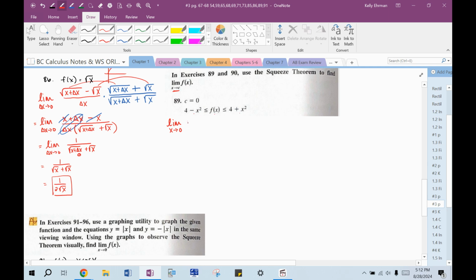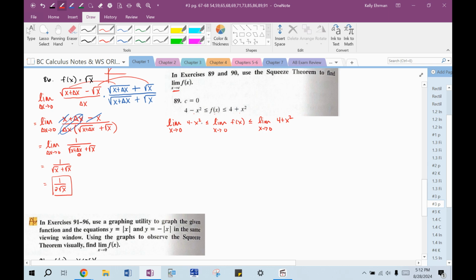So take that limit of 4 minus x squared. That limit has to be less than or equal to the limit as x approaches 0 of f of x. And that has to be less than or equal to the limit as x approaches 0 of 4 plus x squared. So I've just taken the limit of each piece, assuming this inequality is true.